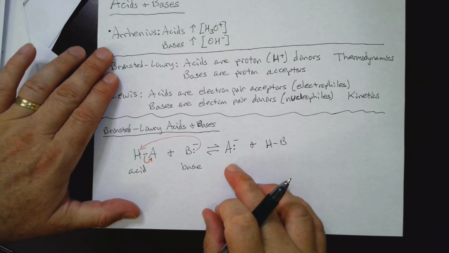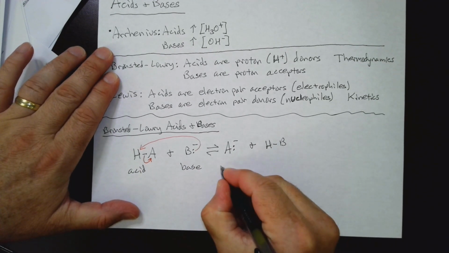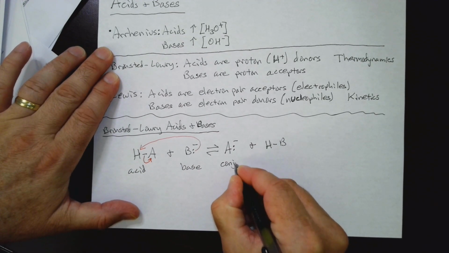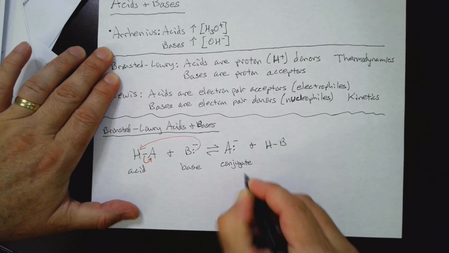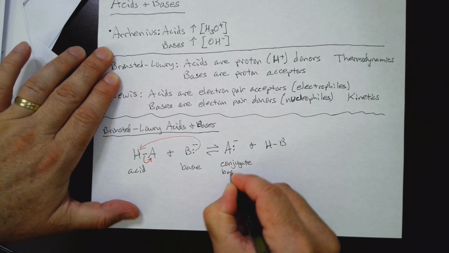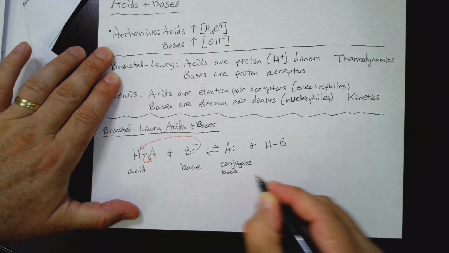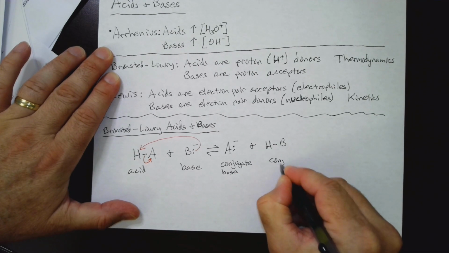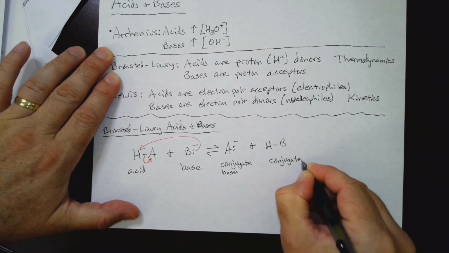But on the product side, the thing that came from the acid is our conjugate base, and the thing that came from the base is our conjugate acid.